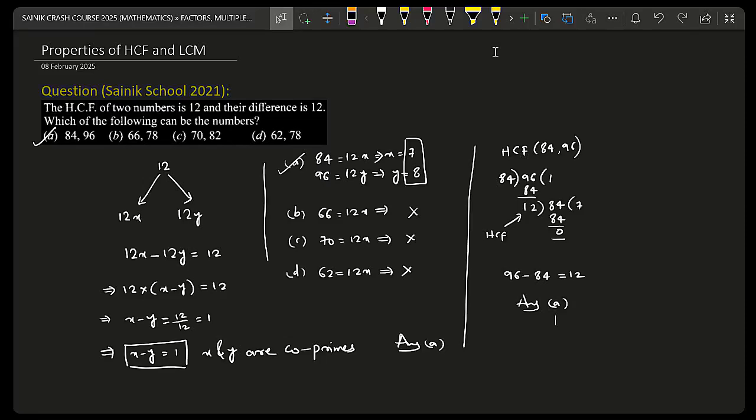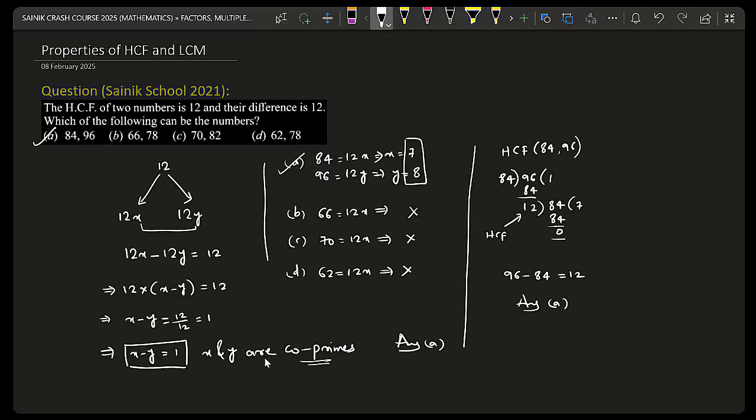Okay? Sir, here x minus y is equal to 1, so why should they be co-primes? I told you already. For 12x and 12y, we got the HCF as 12, right? Actually, x and y should be co-primes.